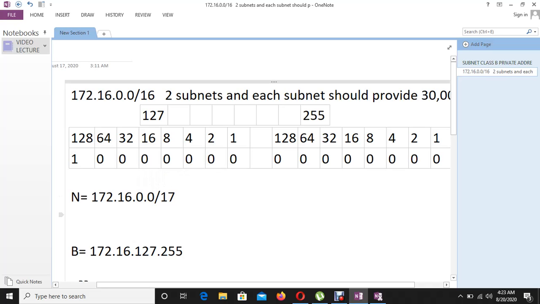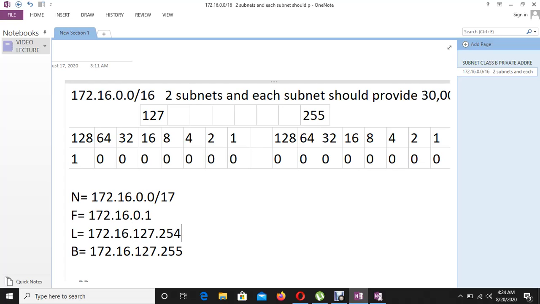So the first valid IP address here is 172.16.0.1, and I'm supposed to put here F, so we can see that we are dealing with F. And the last valid IP address here that we abbreviated as L is 172.16.127.254, because with that one you only subtract 1 from here, so all of its state remain the same.